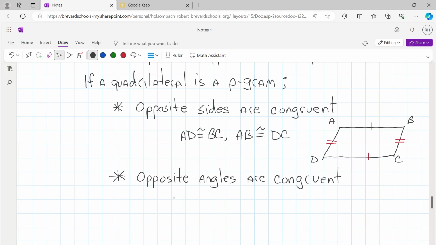Which means that angle A is congruent to angle C, and angle B is congruent to angle D. Opposite sides are congruent, opposite angles are congruent. So here's our arc mark, and our other arc mark for angles A and C. And then on angle D and angle B, we go with two arc marks.